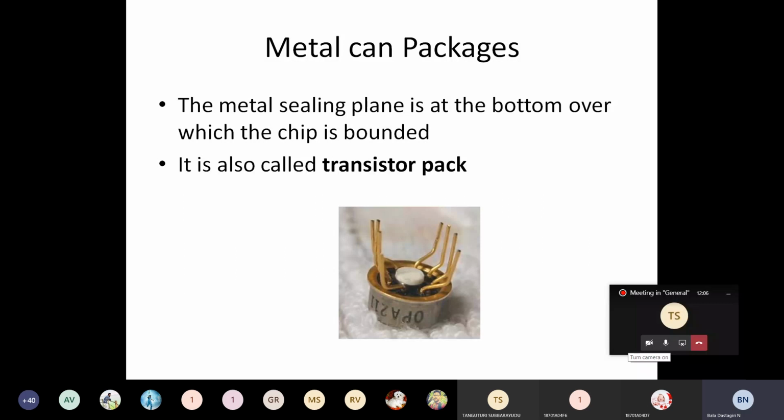So this is called a metal can package, where metal is used as a sealing plane at the bottom and at the top. You can see the corresponding picture in the slide. This is one type of packaging.